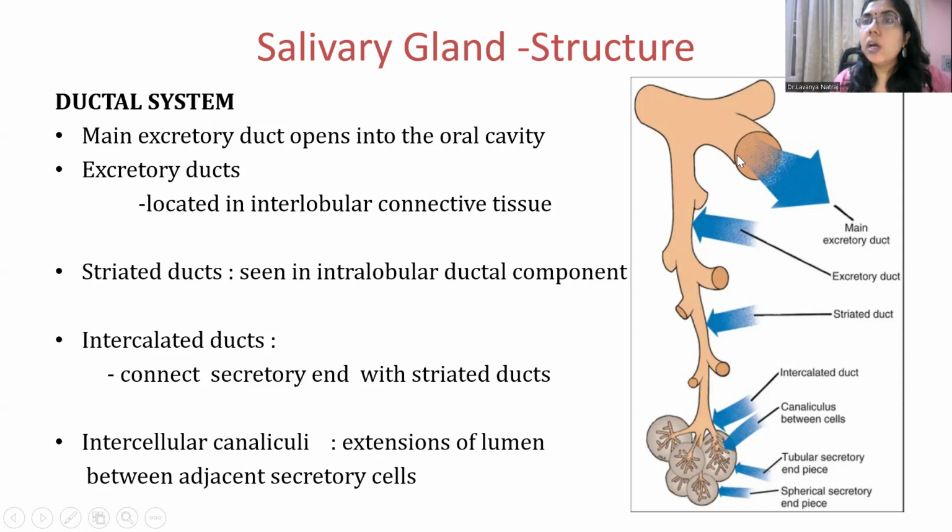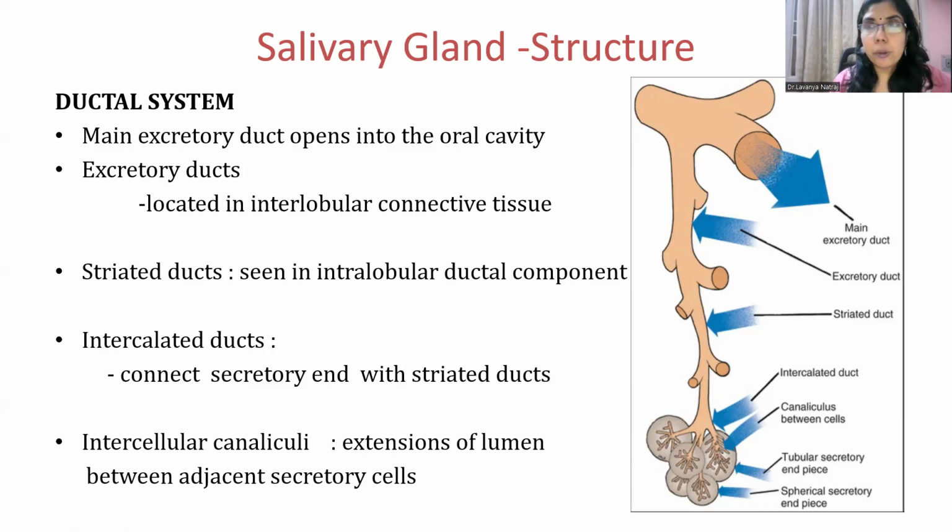As you can see in this picture, the bigger duct, which has a very large luminal diameter, opens into the oral cavity. They are located in between the lobes, so they are called interlobular ducts, and they are seen in the interlobular connective tissue. The next smaller one from the excretory duct, as you can see in this picture, has a smaller lumen dimension. They are called striated ducts. They are seen within the lobules, so they are called the intralobular ductal component.